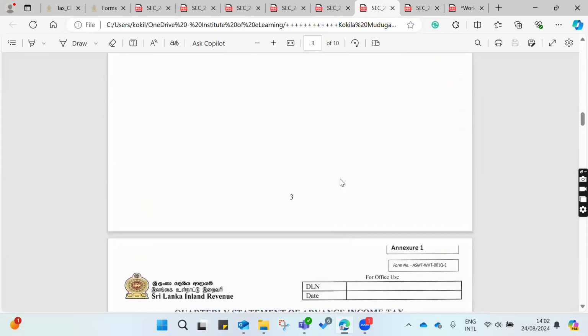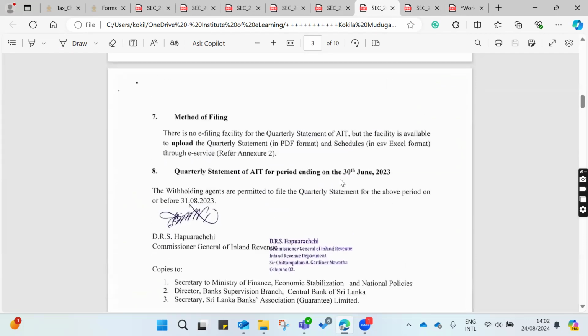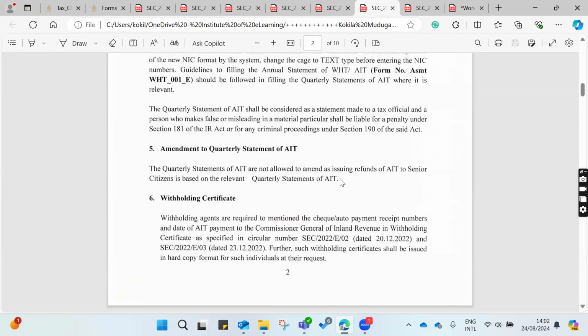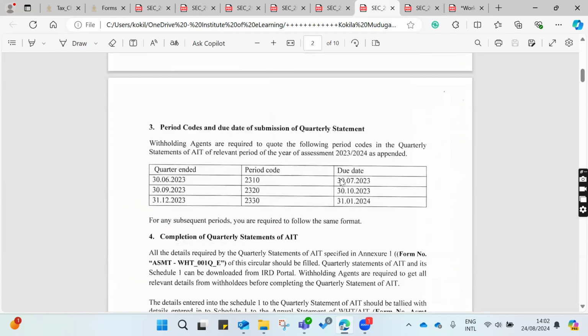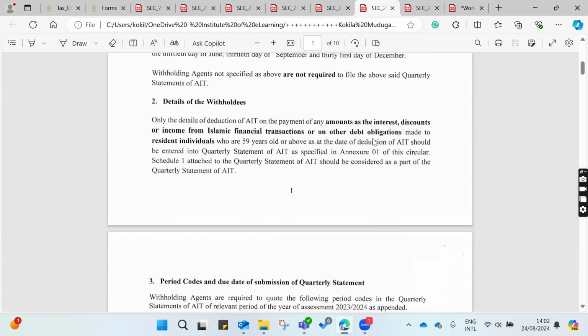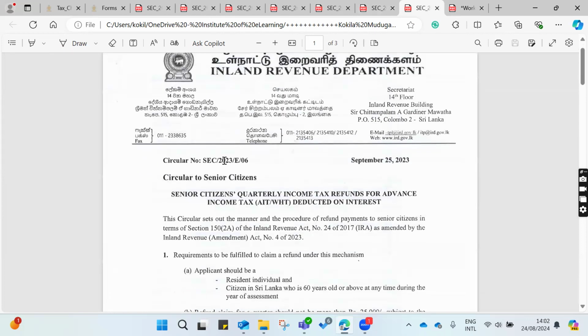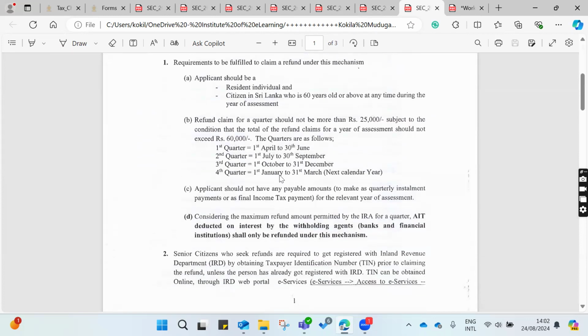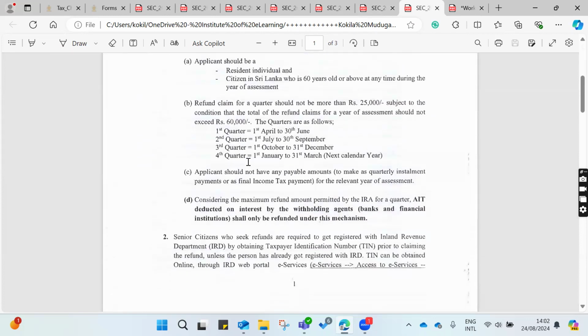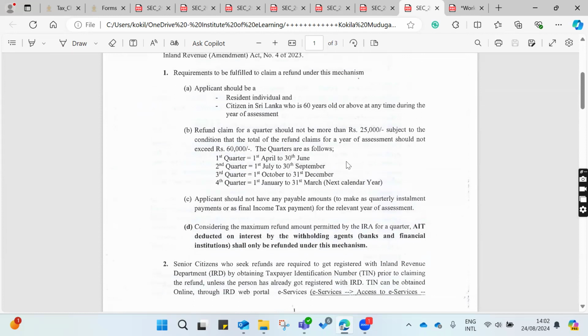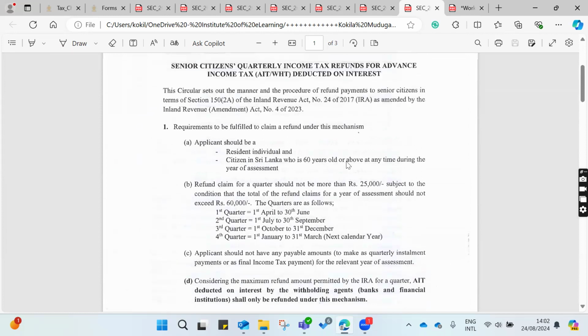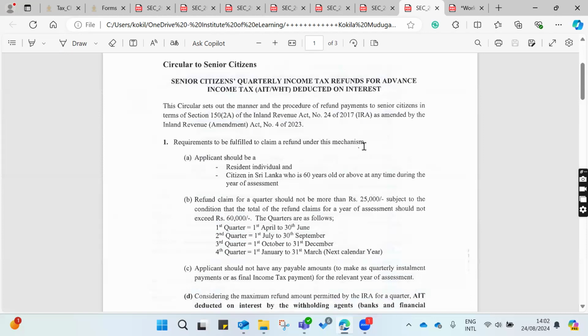Earlier it was an annual return, but it became a quarterly return because senior citizens are now eligible to claim a refund. For senior citizens, they can refer to circular 2023 E6 on how they can claim the refund. If they are 60 years old or above, at any time during the year of assessment, they can claim a refund of the withholding tax, the advance income tax of 5% deducted by the bank on their investment.